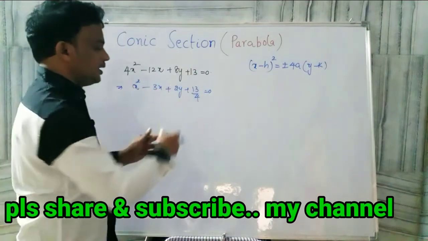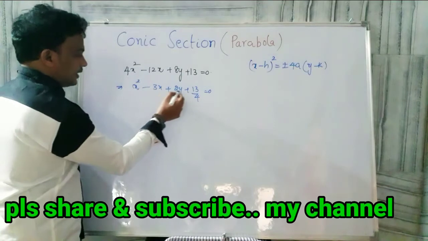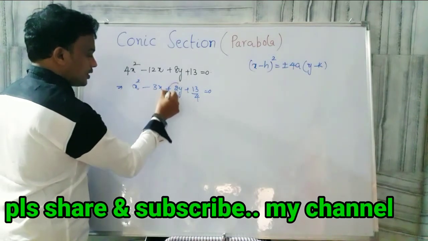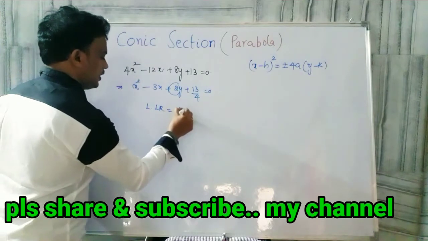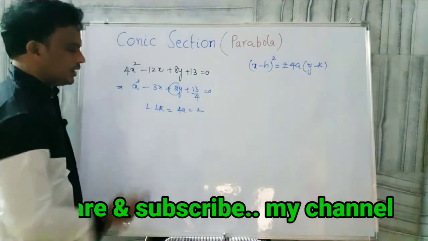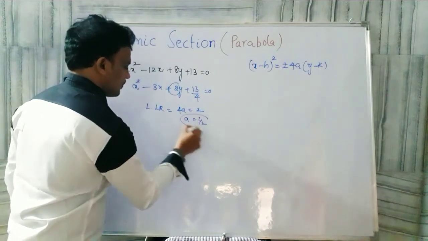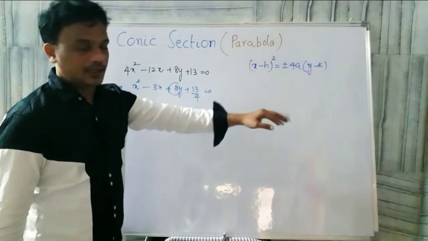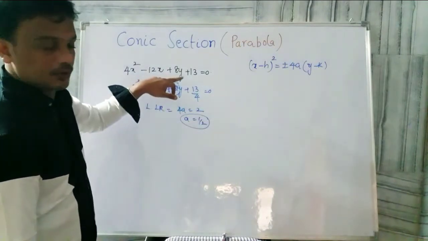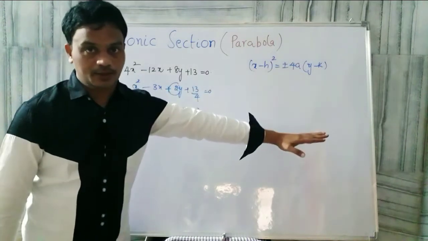In the before model the x coefficient gave the length of latus rectum, and in this case the y coefficient does. So the length of latus rectum is 4a equals 2. Then a is 1 by 2. Whether it is an upward or downward parabola depends upon the y coefficient. Here the y coefficient is positive, so it is a downward parabola.